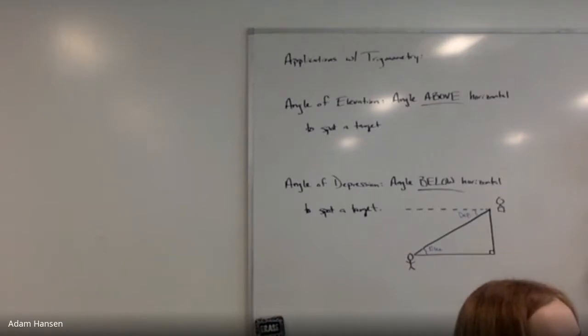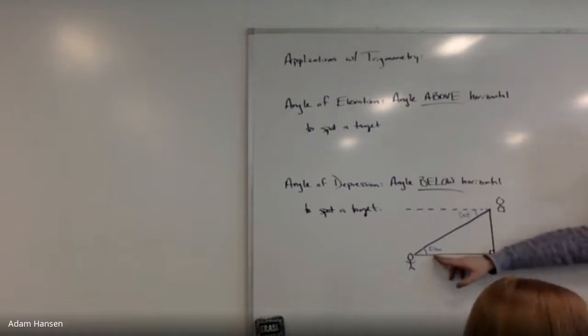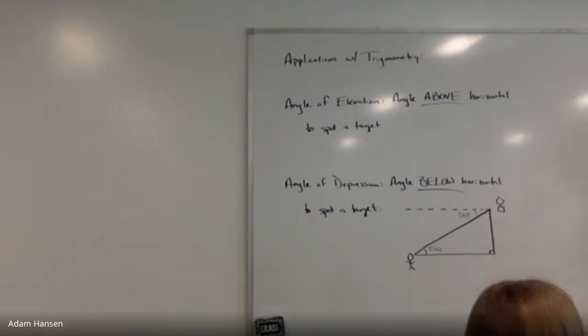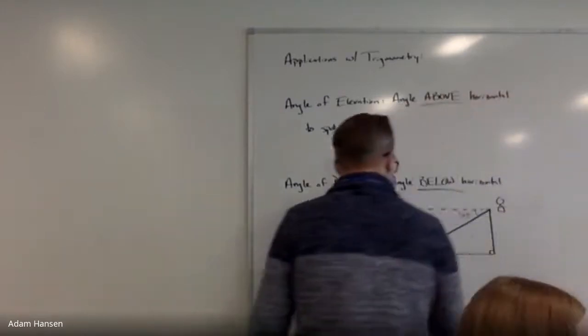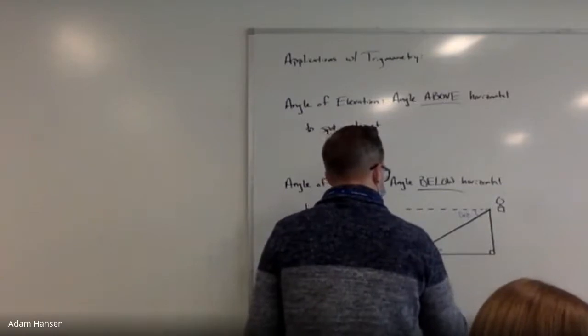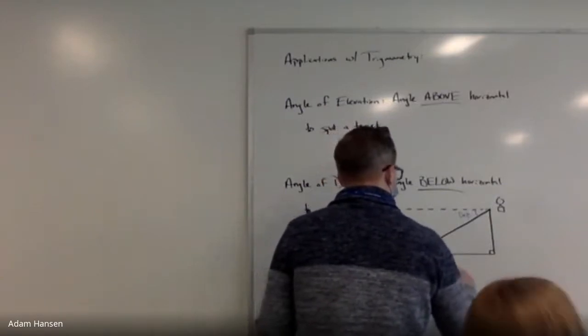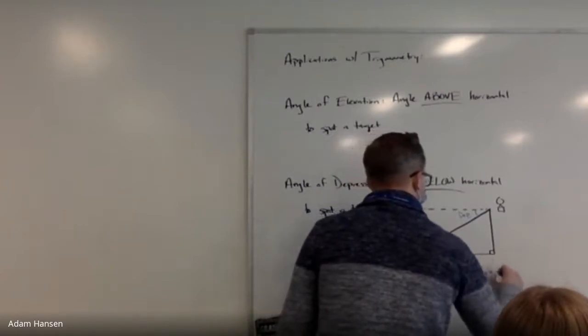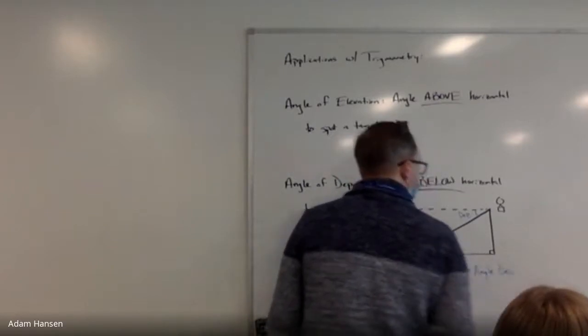The angle measure that I have to look up at the balloon at will be the same angle measure they have to look down to me from. The angle of elevation from the person to the balloon is the same as the angle of depression from the balloon back down to the person. Angle of elevation is the same as the angle of depression. They're both alternate.